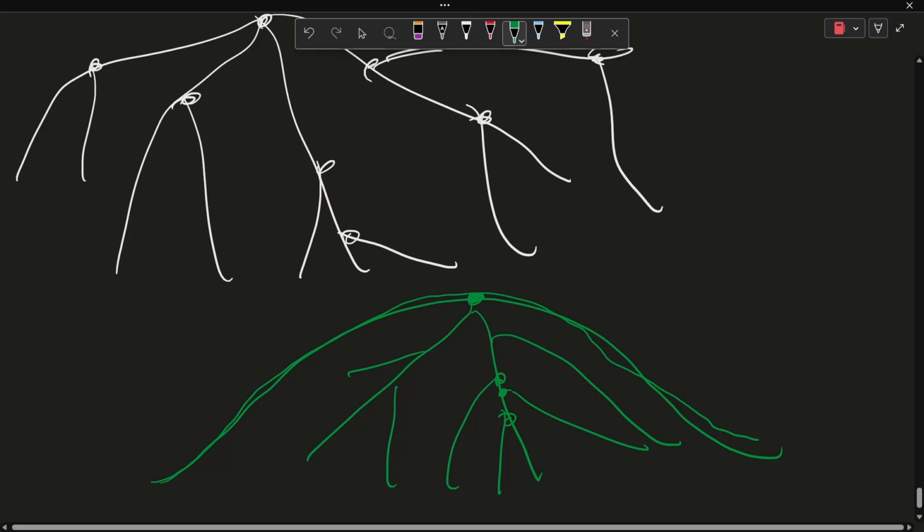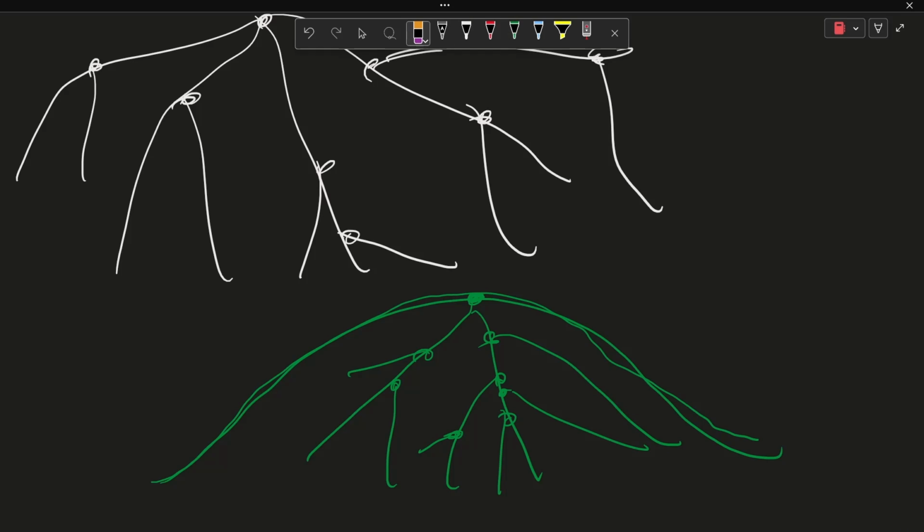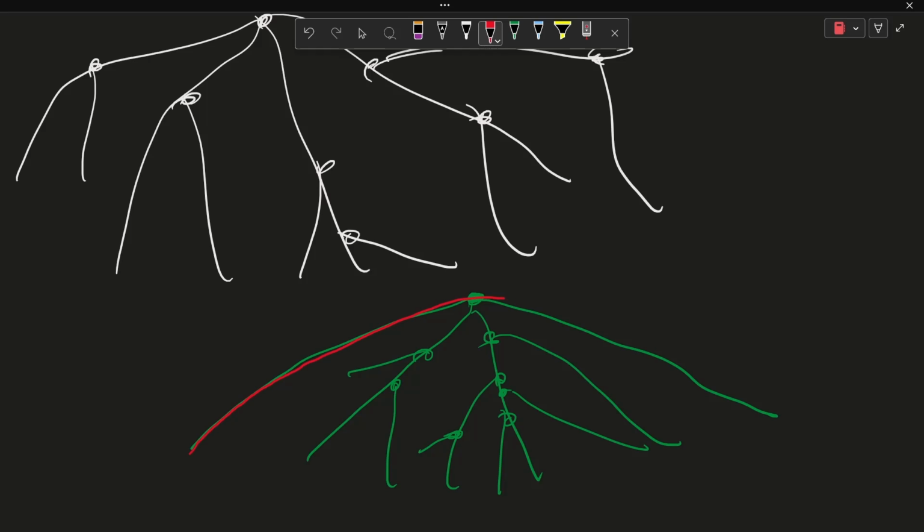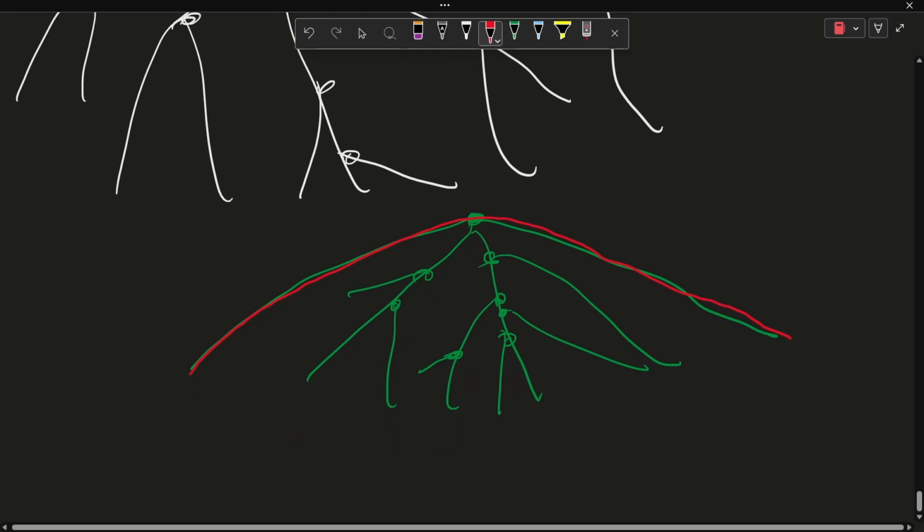So let's suppose this is some tree, and what I am saying is that the diameter of this tree is this. Okay. So let's say there are some more roots here.